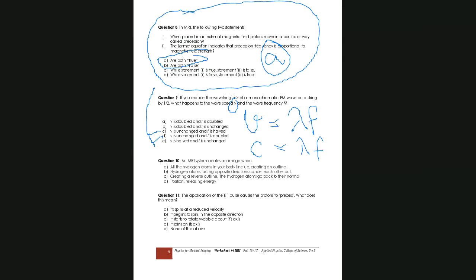Lambda is equal to C over F, so F is equal to C over lambda. If lambda is reduced to a half, that means it's C over a half, which means it will be 2C. That means the frequency will be doubled. Okay, the answer is D.